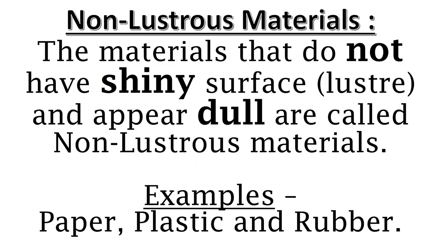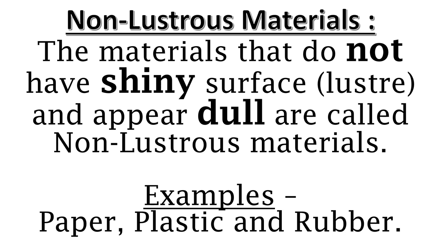Non-lustrous materials. The materials that do not have a shiny surface or lustre and appear dull are called non-lustrous materials. Examples: paper, plastic, and rubber. Just the opposite of shine is dull.